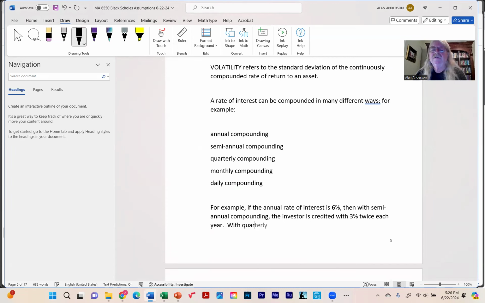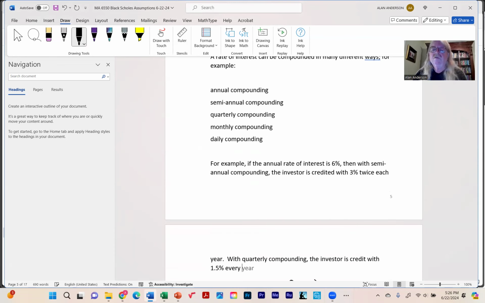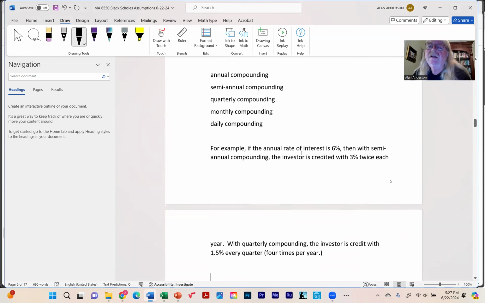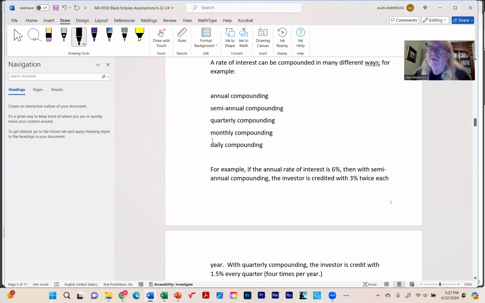With quarterly compounding, the investor is credited with 1.5% every quarter, or 4 times per year. Now, by the way, in practice, when you take your money to the bank, chances are pretty good they're giving you daily compounding. That's the standard with banking in the US. But for certain types of securities, you may run across these other compounding conventions. All of these are collectively known as discrete compounding.